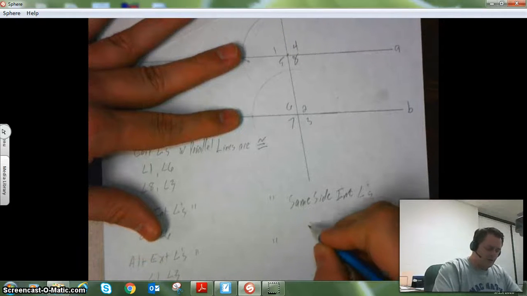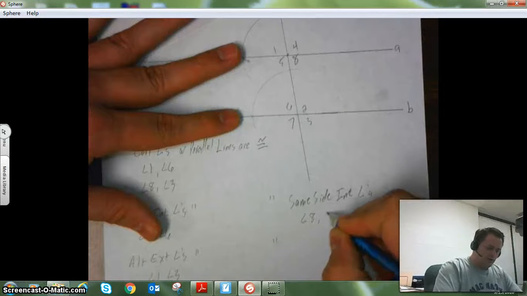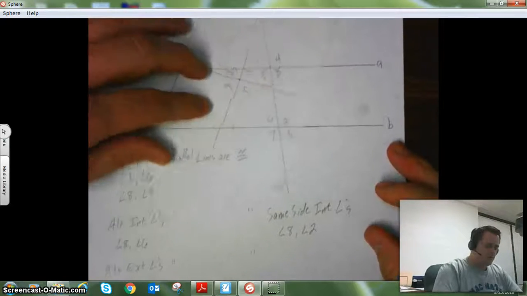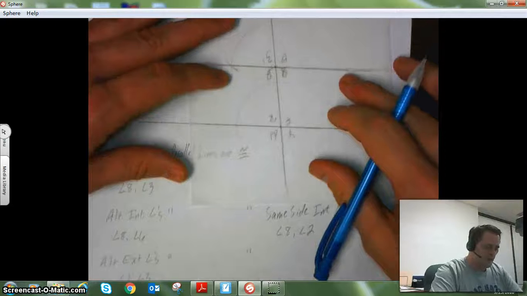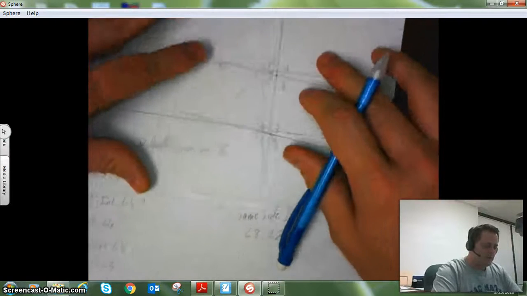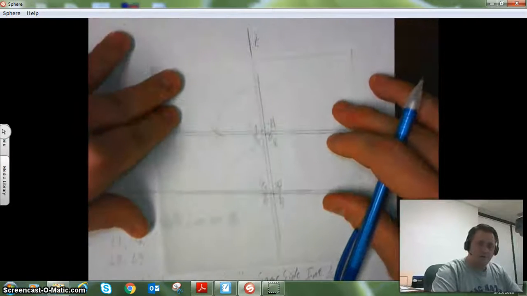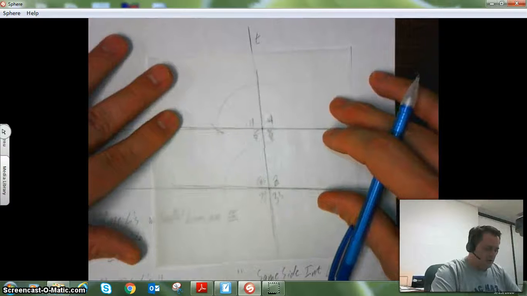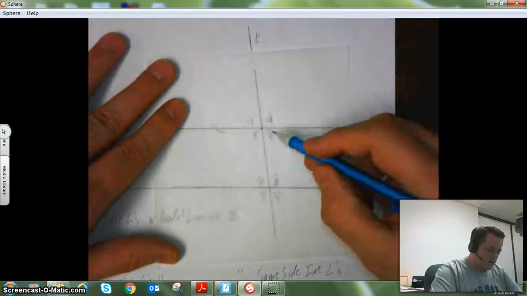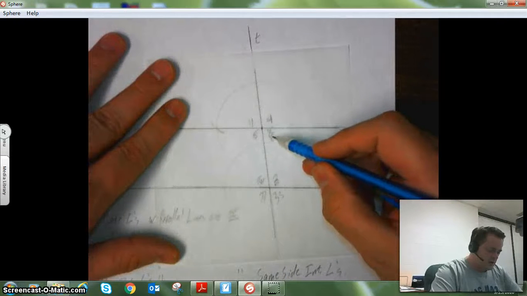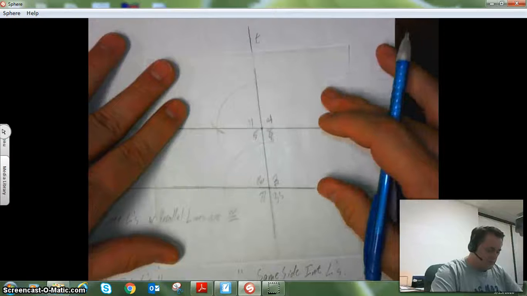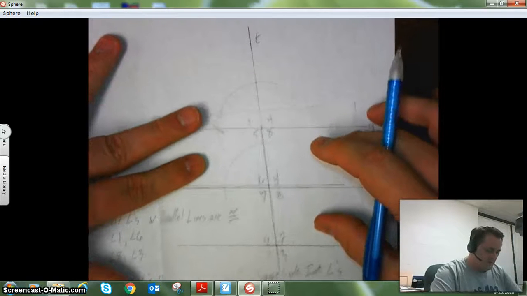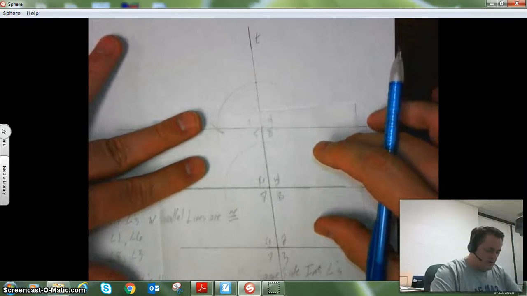So let's take a look at angle 8 and angle 2. Let's see what happens when we compare those two to each other. So let me put my patty paper back in its original starting position. Now, what I'm going to do is take this angle 8 here, and I'm going to simply translate the paper down so that it's next to angle 2.